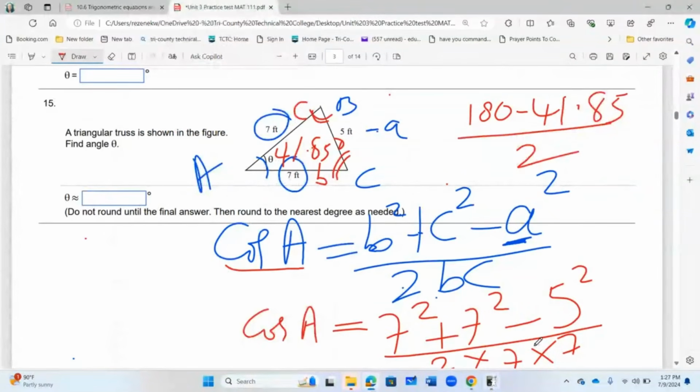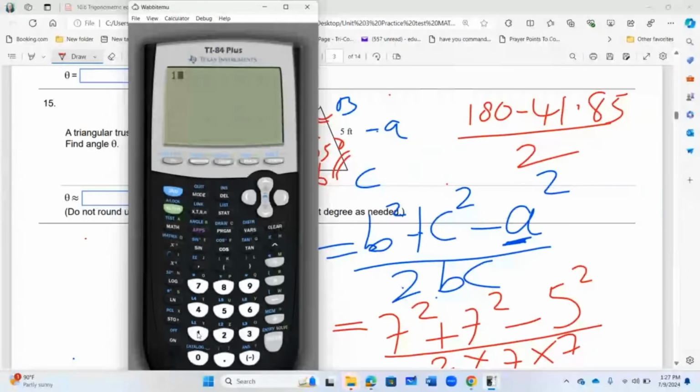So I will get my calculator again, put that in. Minus 41.85. I have an answer. Then divide that answer by 2 because they are the base angles of an isosceles triangle.